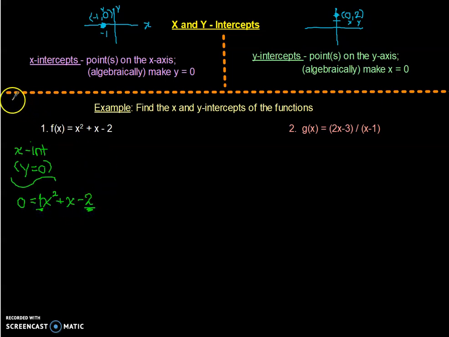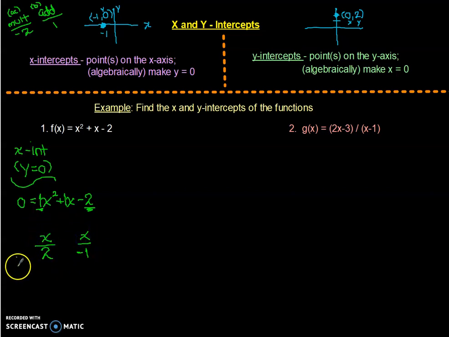I need two numbers that multiply to be -2, which is a times c, and add up to be the middle number, b, which is in front of that x, and that's a +1. So the two numbers that multiply to be -2 and add up to be 1 are going to be 2 and -1. Over each number, we place an x, which is just 1x, but we'll just write x instead.